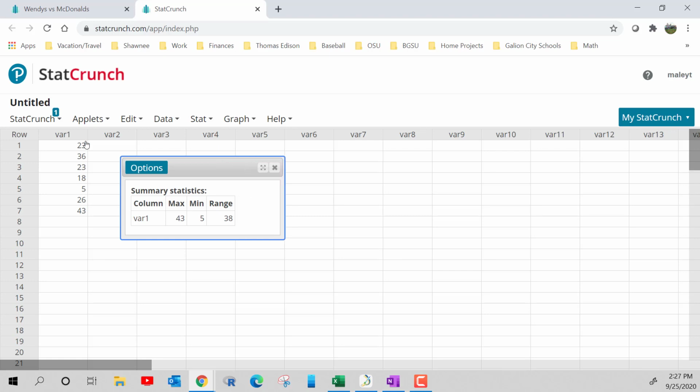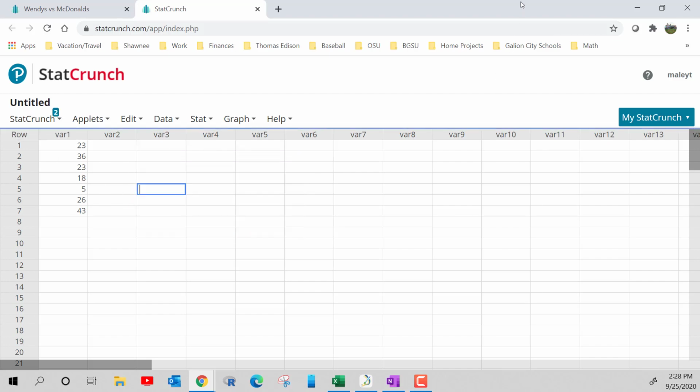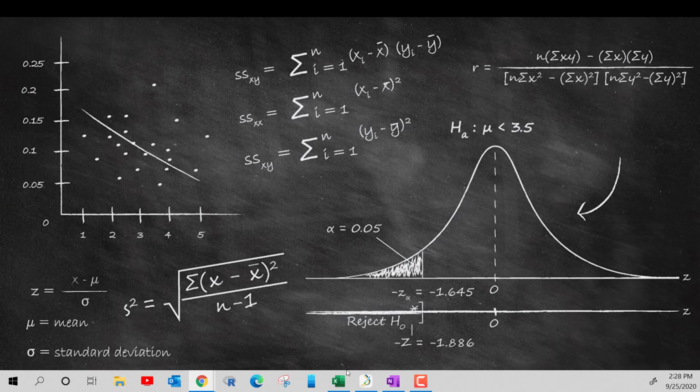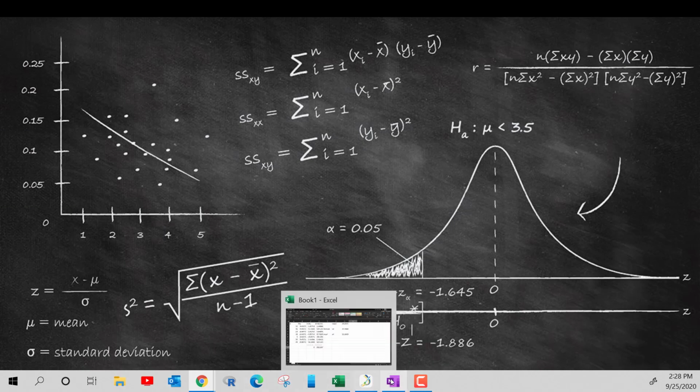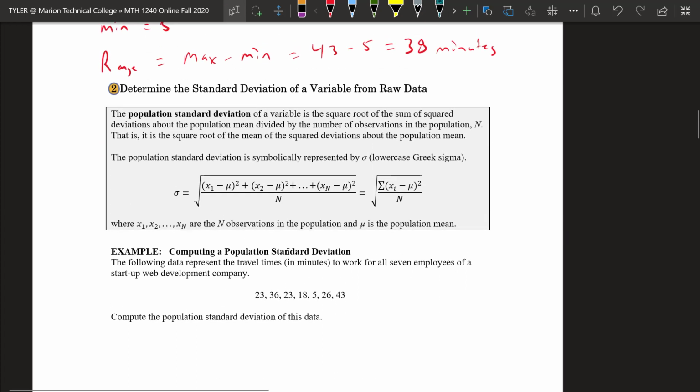Here it's identifying my biggest value 43, my smallest value is 5, and the range is the difference between those two, right? So if I take 43 minus 5, I get the range. So we can pick that up in the summary stats menu. So that's how you could do that in StatCrunch, if you had a large data set.